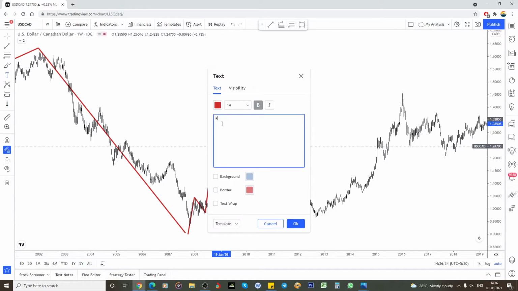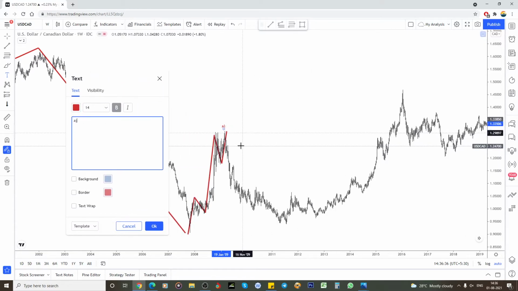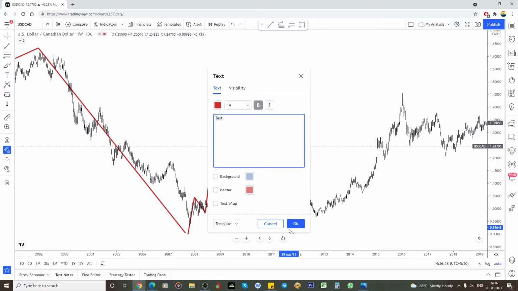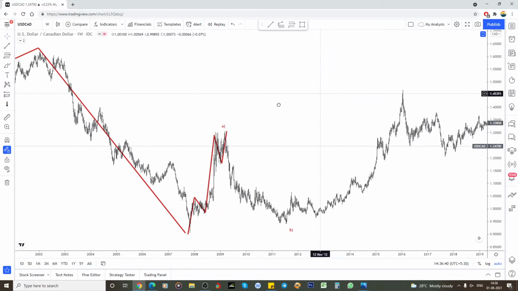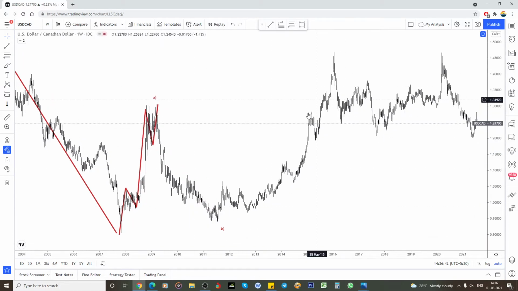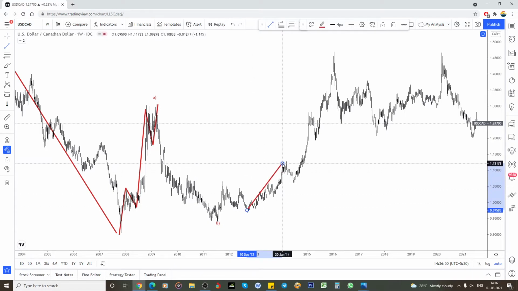We can mark this as an A, and the deeper retracement is a B. I will show you here. See, this is 1, 2, 3, 4, and 5 completed. This is a 1, this is a 2, so the third wave got extended.